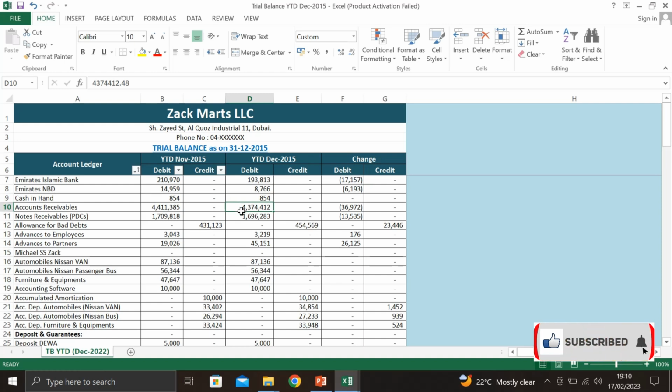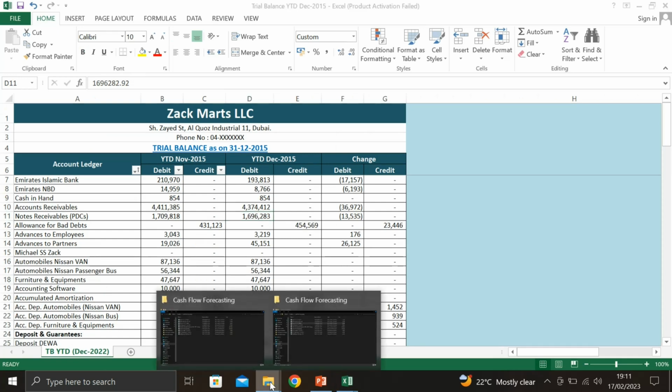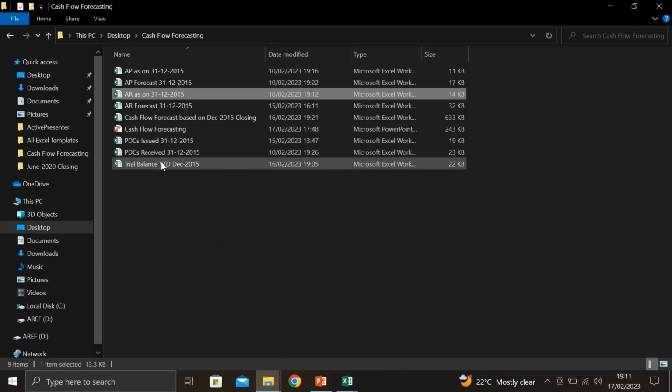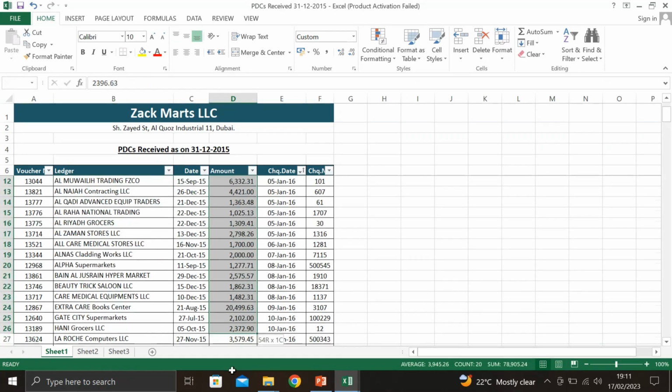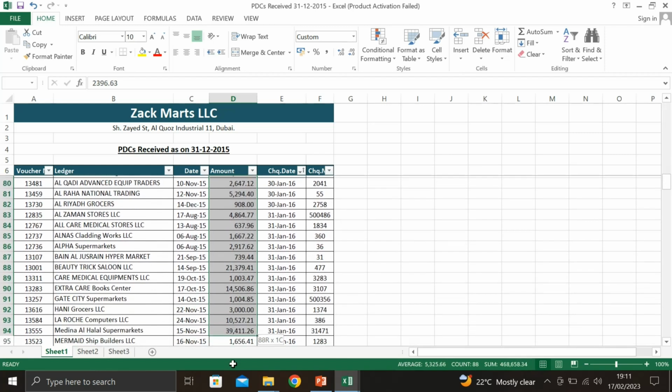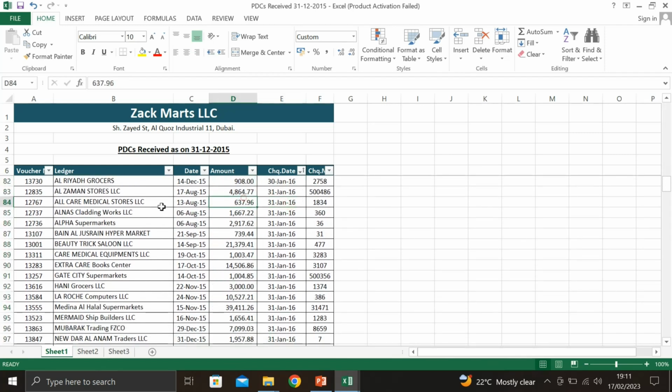Then we have the customers' PDCs, post dated checks from the customers, 1.696 million. What is the detail of these PDCs? We have here the PDCs received from the customers, the detail of all the checks month wise: in January how much we will receive from the customers. The check date, the amount and the customer name are there.